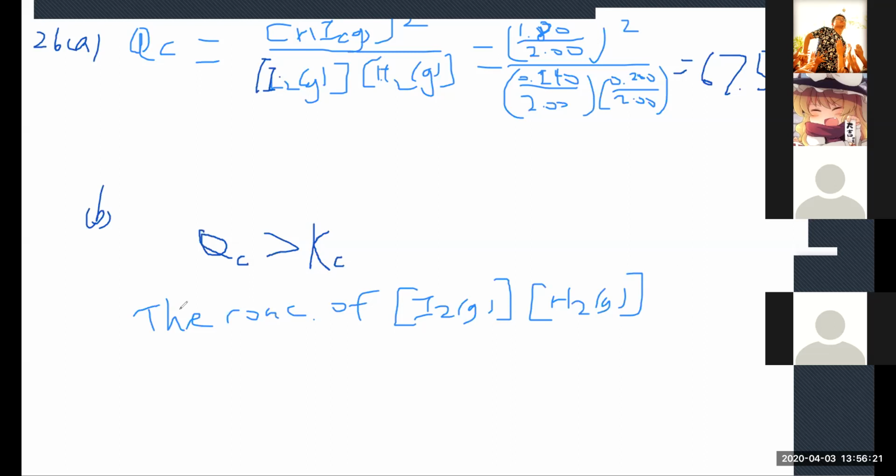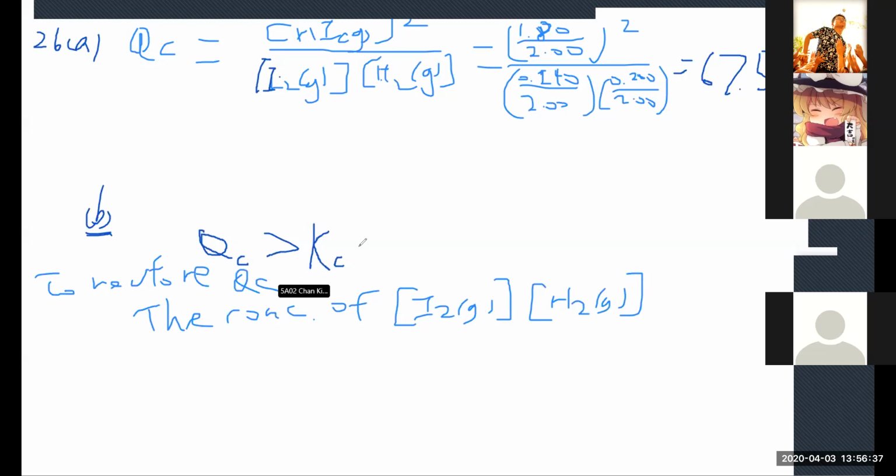Oh, I know, I understand what the problem is. So for the B part, somebody who still doesn't know what that is, you need to write down the whole sentence, right? Qc is greater than Kc.